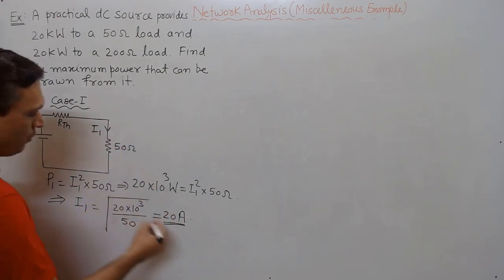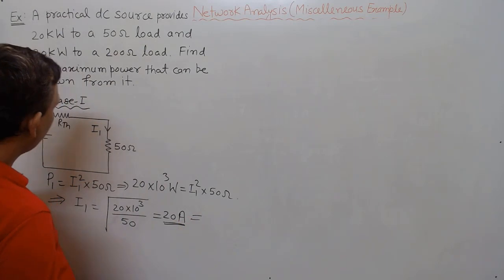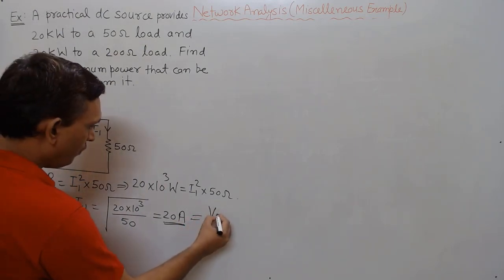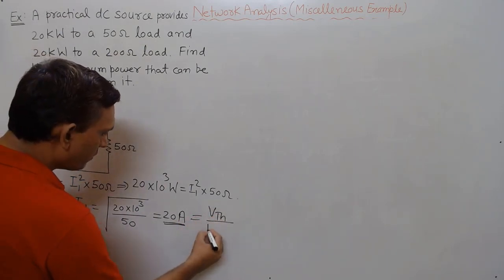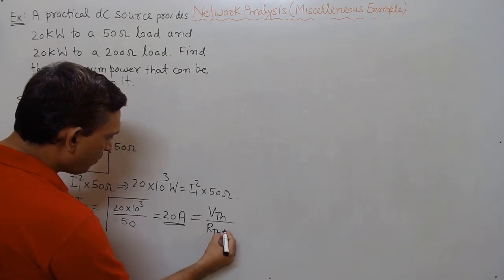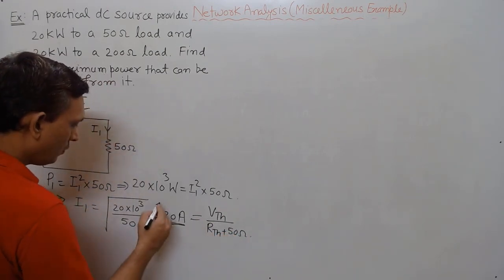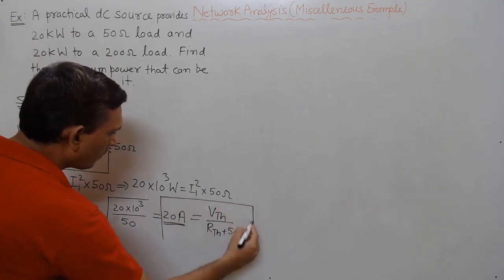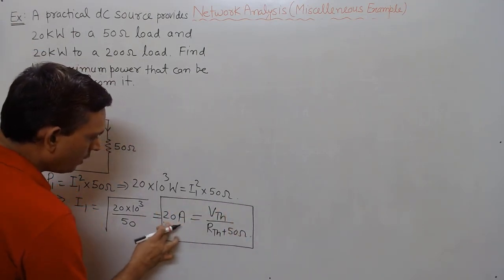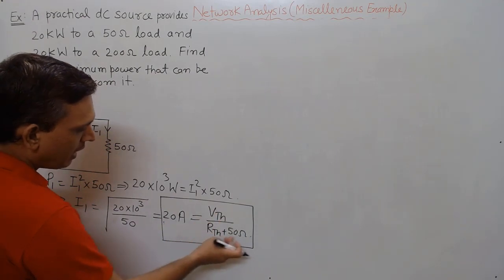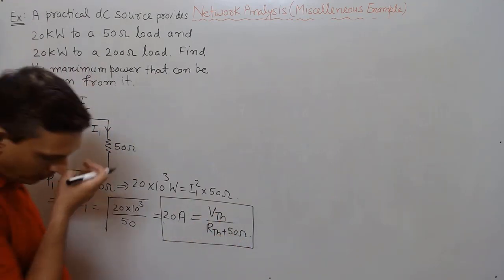And this I1 will be given by VTH by RTH plus 50 ohm. So you can easily see this I1 is VTH by RTH plus 50 ohm.